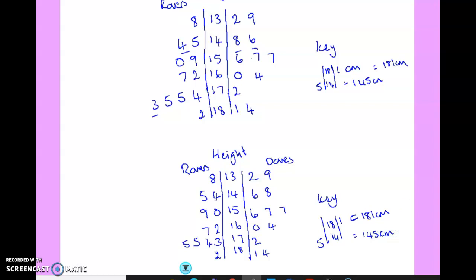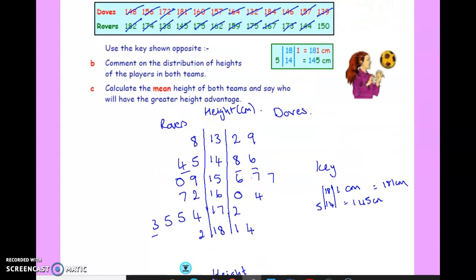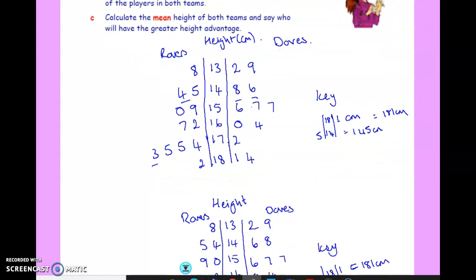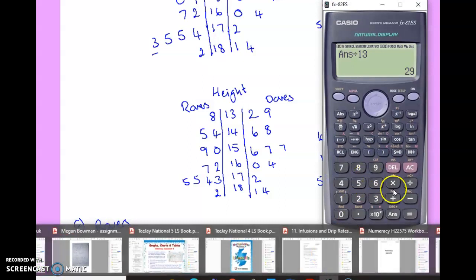Okay, what was the other question about this? Calculate the mean height of both teams and say who will have a height advantage. Okay, so let's start with the rovers. Again, it's just a case of typing this into our calculator.